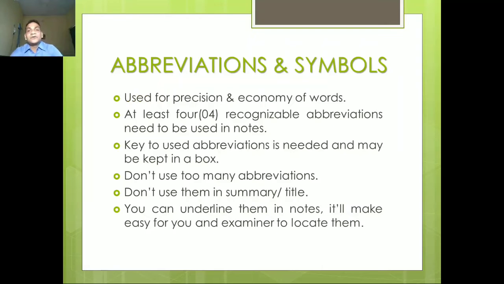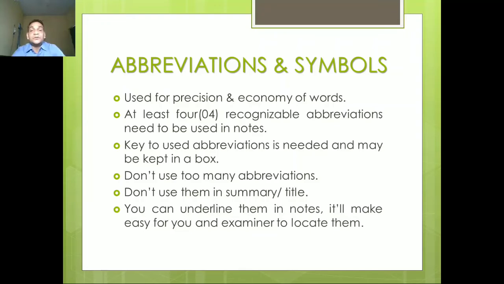Now what about abbreviations and symbols? It carries 1 mark, important. These abbreviations and symbols are used for precision and economy of words. They help in saving words because you have to compress your given passage in such a way that your notes are no more than about 100 words.